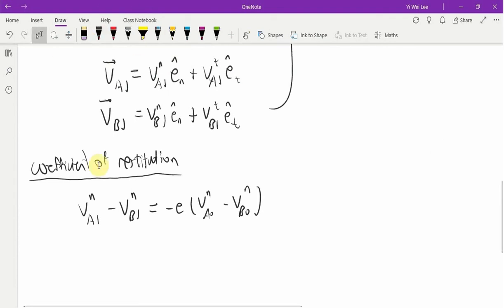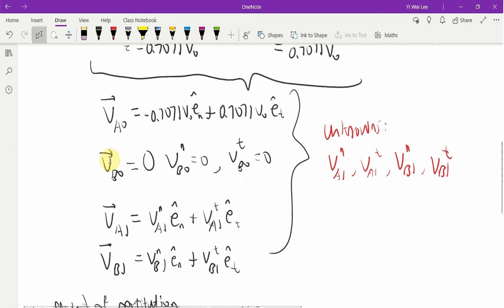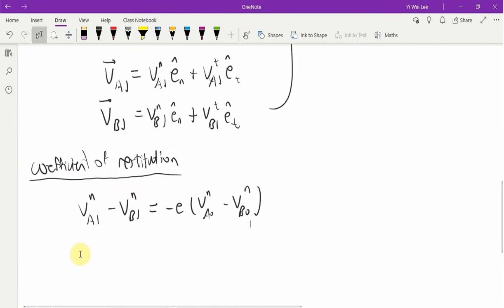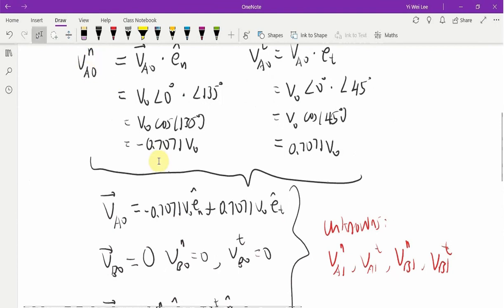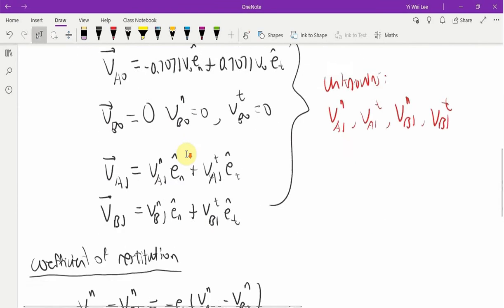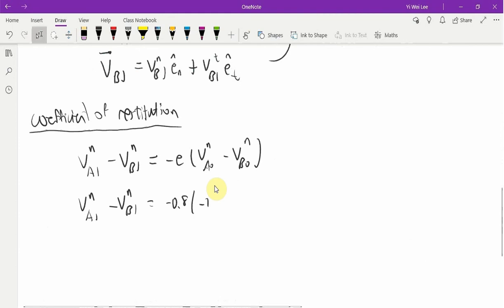VA1 normal is something we don't know. VB1 normal is something we don't know either. Negative e is 0.8. Now VA0 normal is something we have here: it's just negative 0.7071 V naught. And VB0 normal is essentially 0, so this is minus 0.